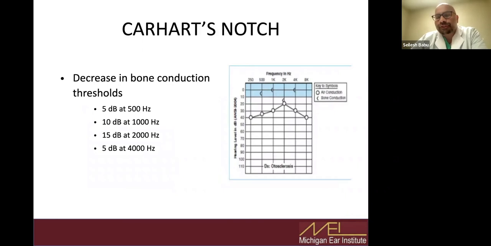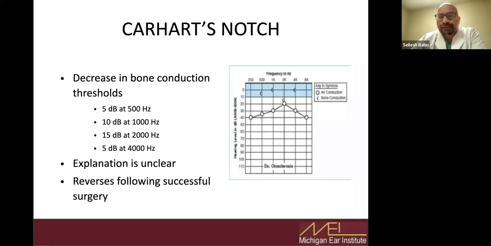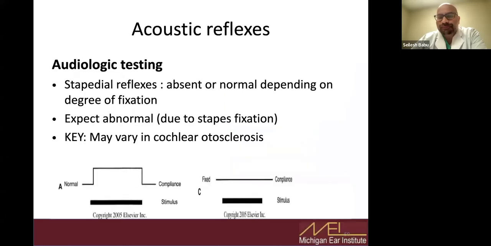It seems to be artificially reduced because after surgery, when you close the air-bone gap, the threshold goes back up to normal again. So the explanation is unclear as to why you get a Carhart notch. Does it have to do with the anterior location of where maybe the otosclerotic plaque is occurring and the vibration being different there? But it does reverse again, as I mentioned.